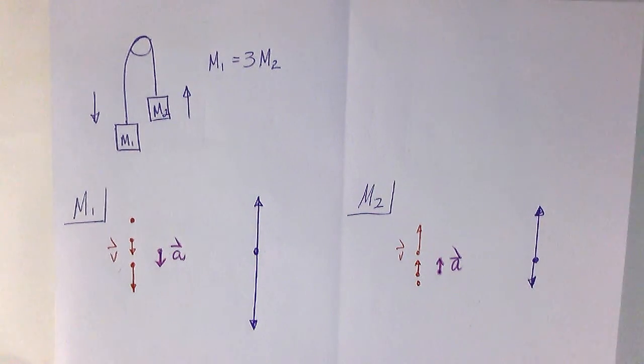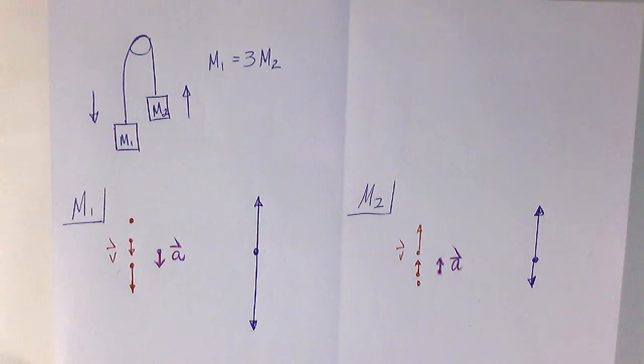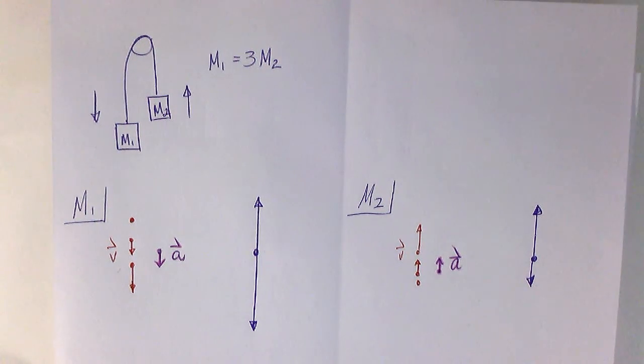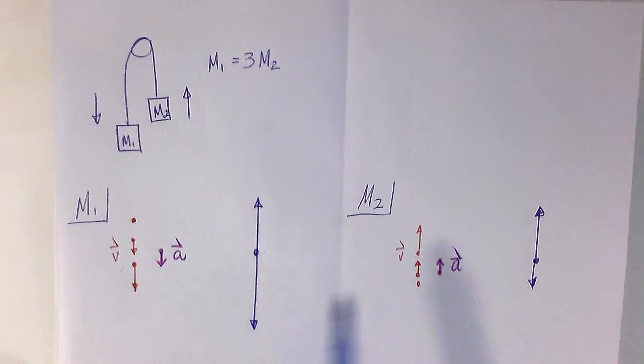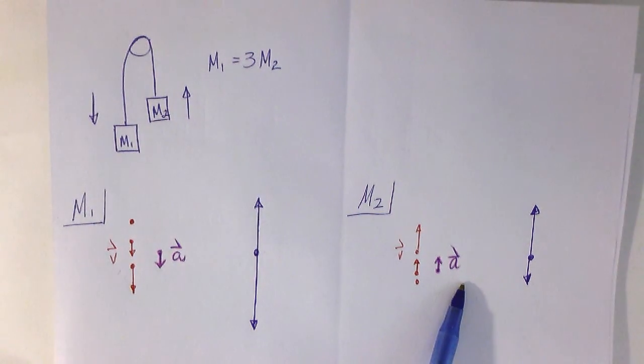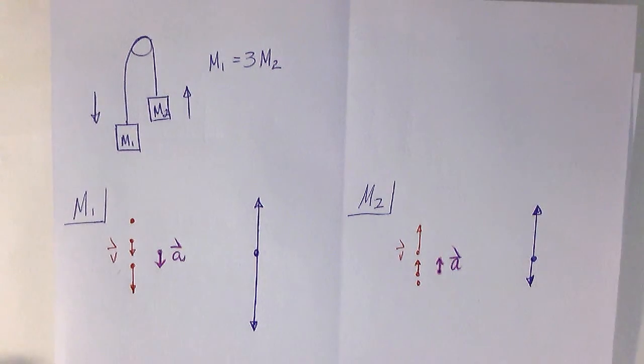Okay? So notice that in both drawings, I've drawn them to scale. The weight is 3 times the other one, and the tension is the same, and the difference between these two lengths will give me 1. For this case, it will give me 1 going down. In this case, it will give me 1 going up. So when you draw these free body diagrams, you really need to make sure they are to scale.